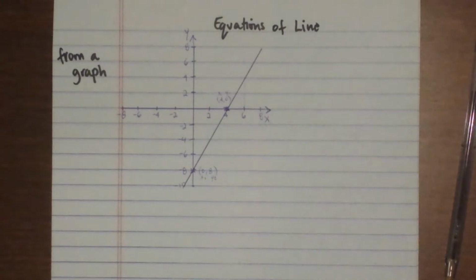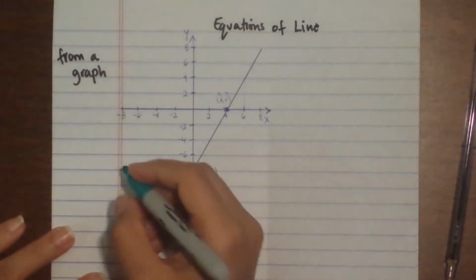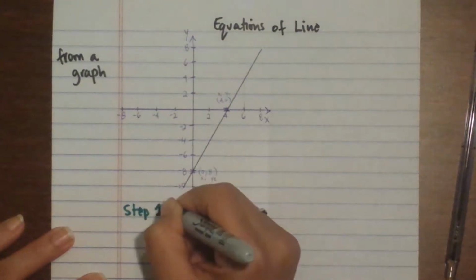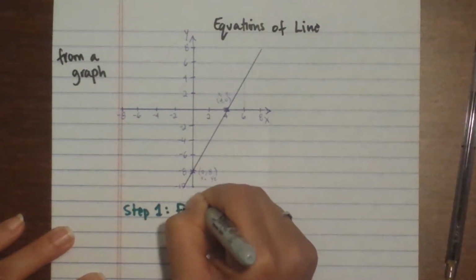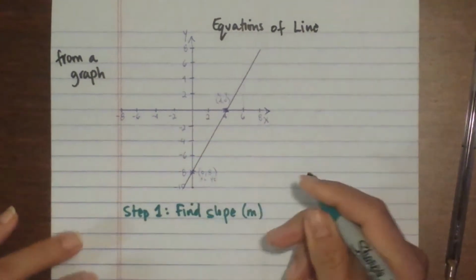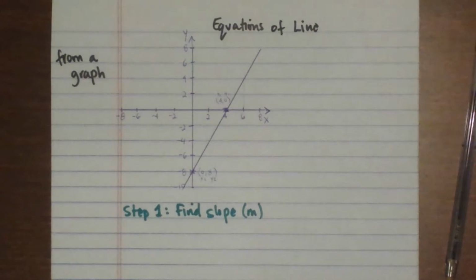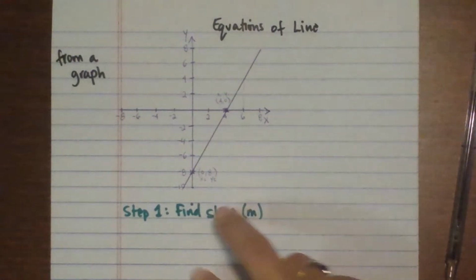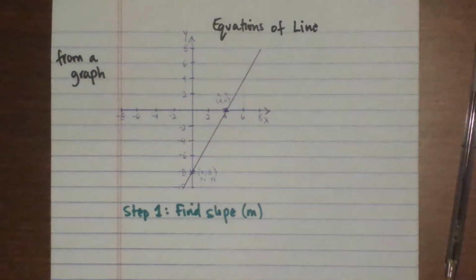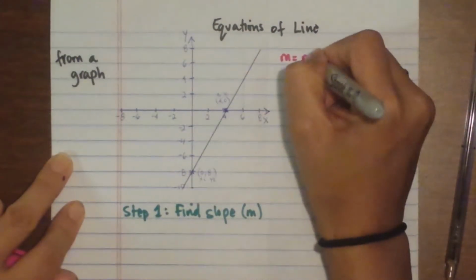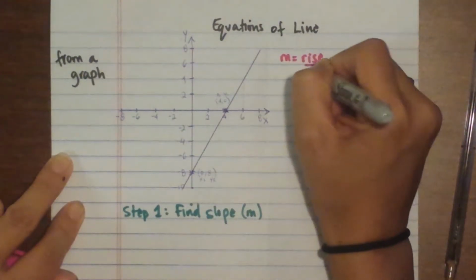Step 1 would still be to find your slope, which is m. From a graph, you could take the 2 points and plug them into the formula, or you could do what they call rise over run. Slope is rise over run.